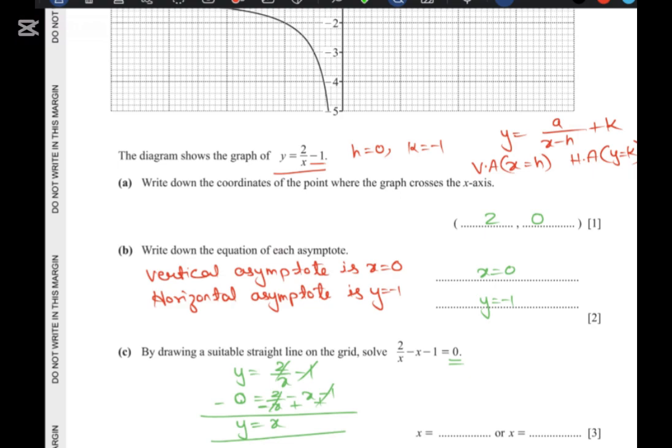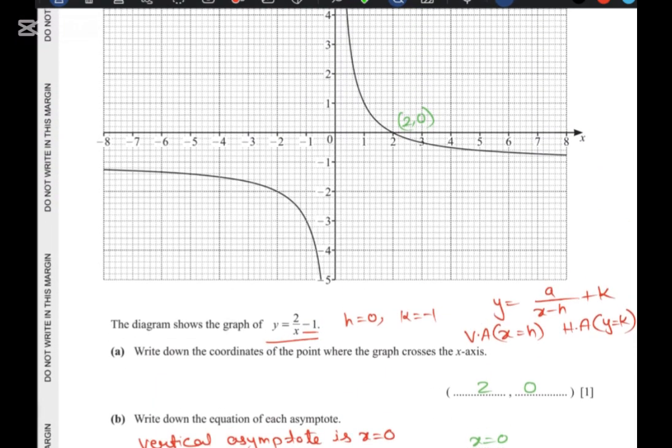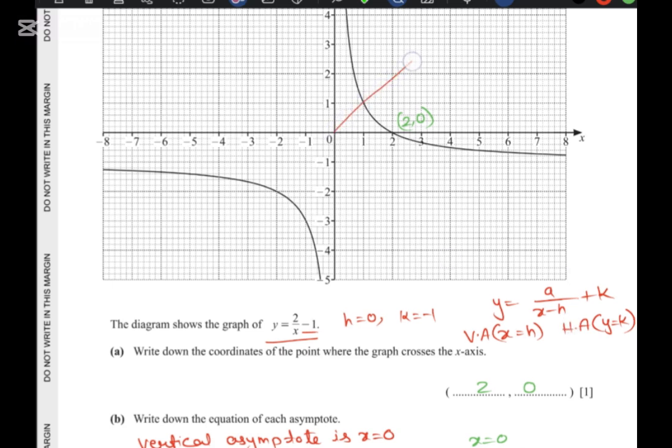So we got this equation. Using this equation, we will draw the line now. y is equal to x is the straight line passing through the origin. You know that. And it is in the first quadrant. So draw a line passing through 0, that is the origin, and it has to cut both the graphs.